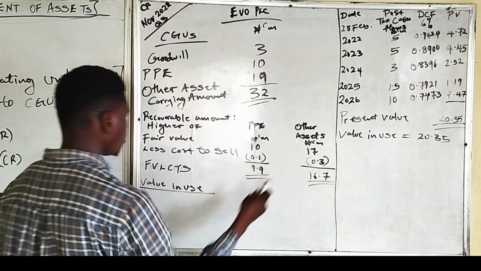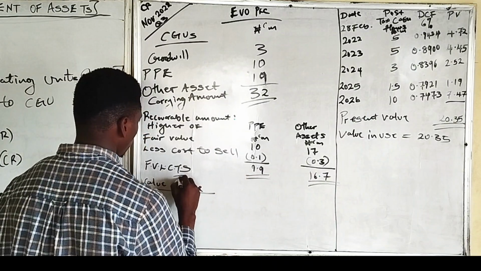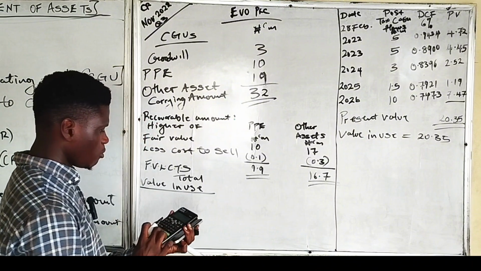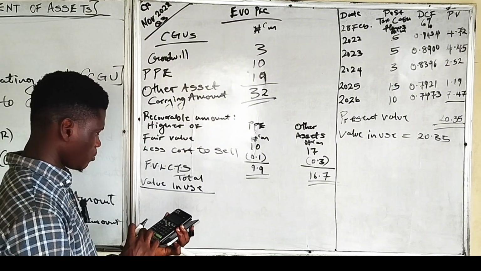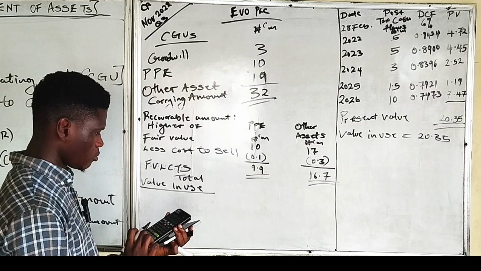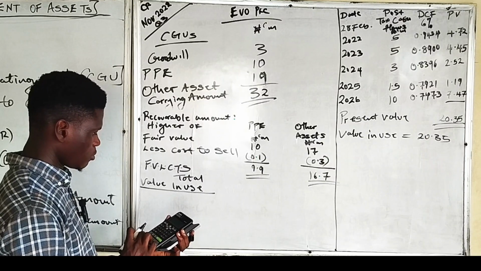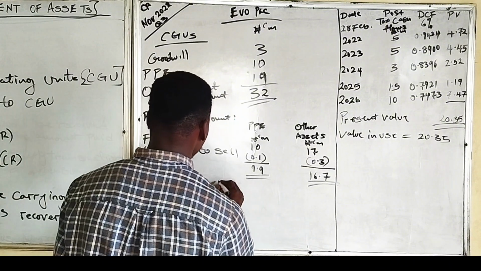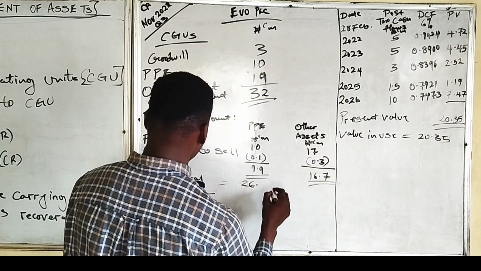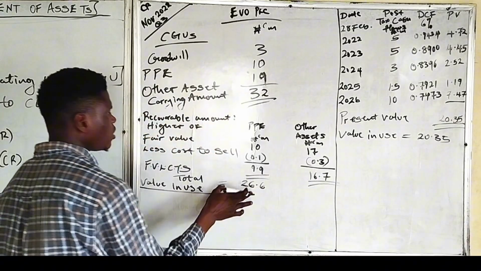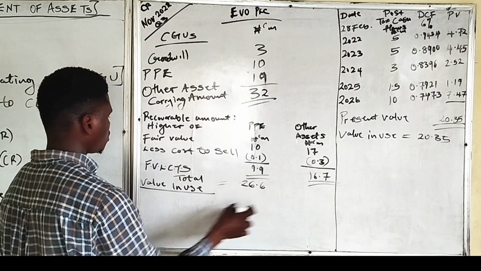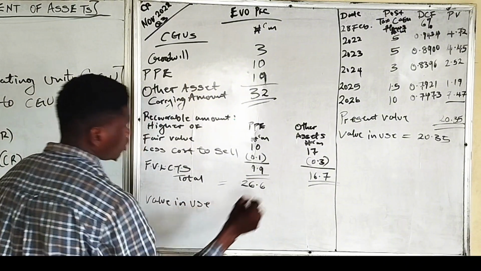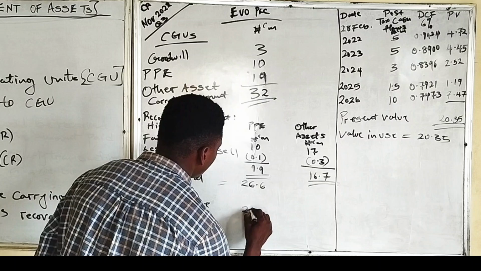So the addition of our fair value less cost to sell, total fair value less cost to sell gives us 9.9 plus 16.7, which is 26.6. So our fair value less cost to sell is 26.6. So value in use is 20.35.